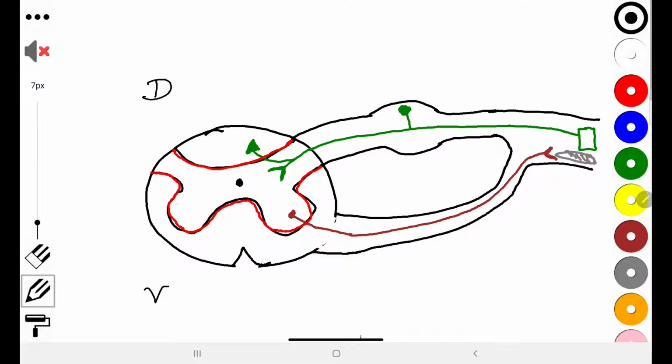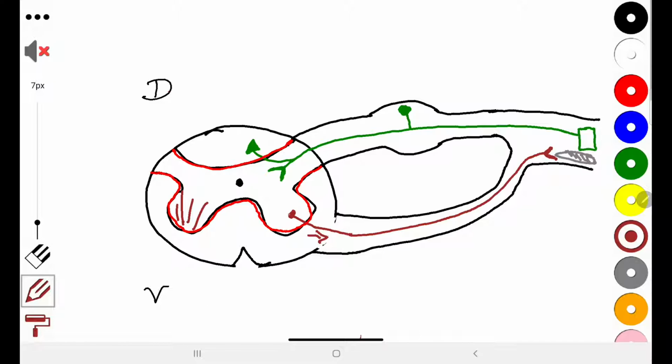So what I can name as the ventral horns, these that appear horn-like, both on the left side and the right side, have cell bodies for neurons that supply the motor component of the skeletal muscle.